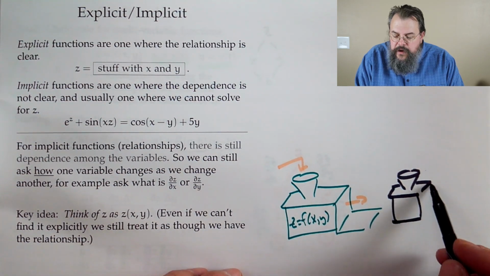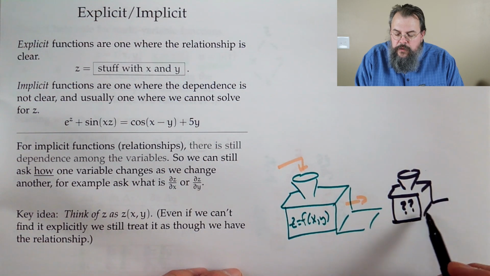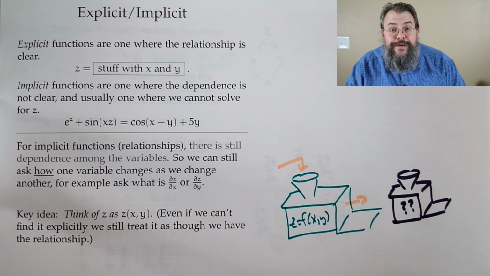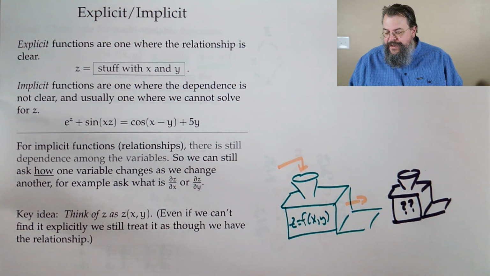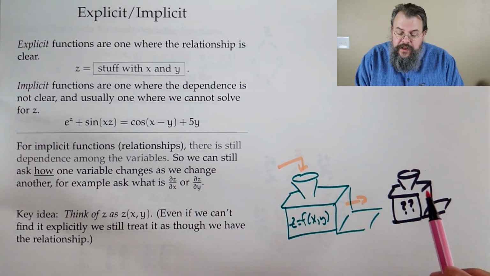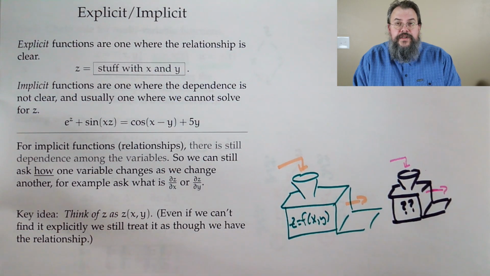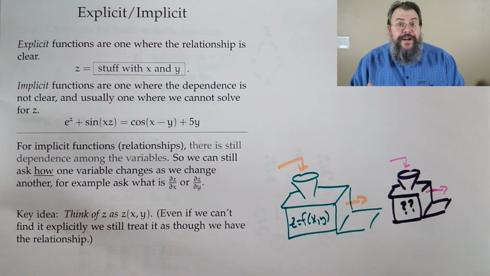It's a mysterious thing where we don't know what's happening on the inside. We're not allowed to peek in. So we don't know the actual formula, but somehow there's still a relationship. When you plug something in, something still comes out on the other side. So there's something going on here.